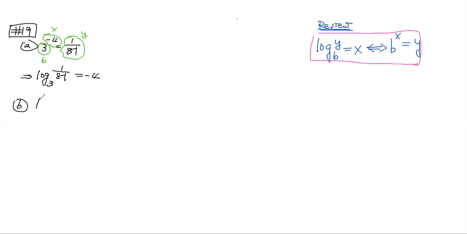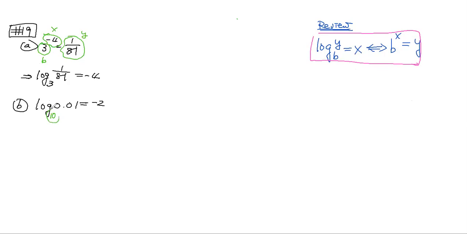Okay, now the next one: log of 0.01 equals -2. Remember, if with the log you do not see a base under it, this is what we call the common log. What is a common log? That means the base is equal to 10, and in general we just don't write it.